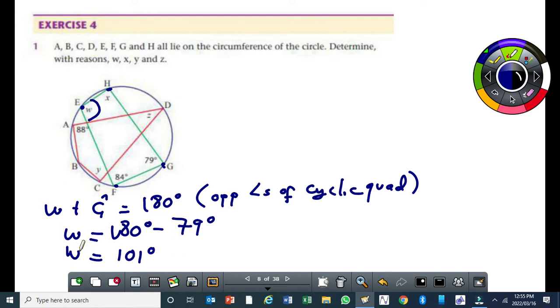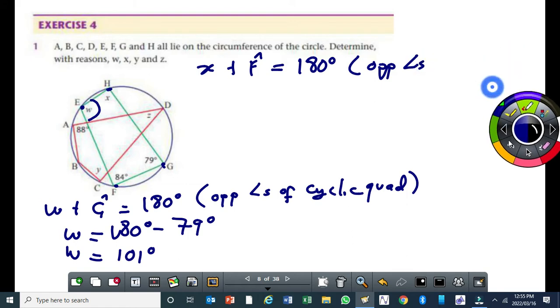Now that I know what W is, I can find X. X is opposite to 84, which is also equal to F. So I can safely say X plus angle F is equal to 180 degrees, and the reason is opposite angles of a cyclic quadrilateral.